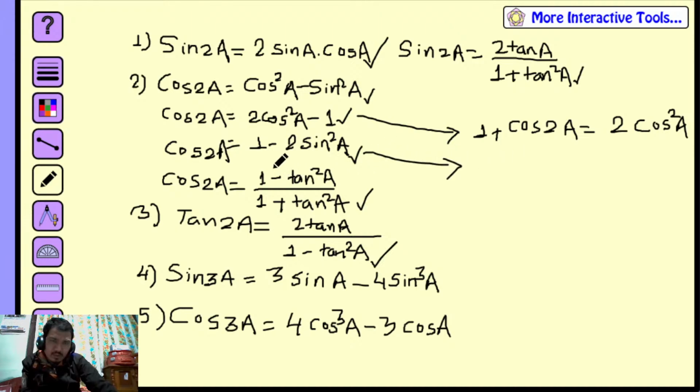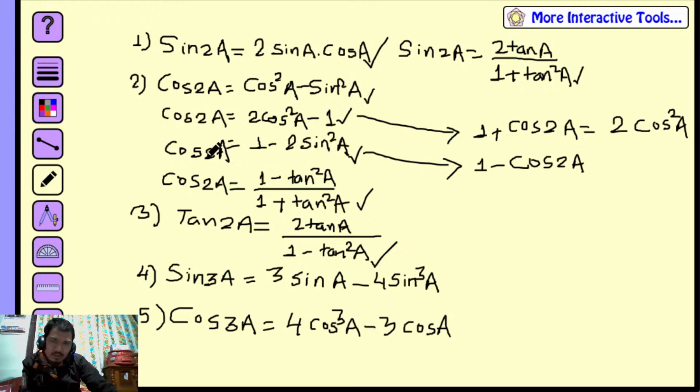Look at children, when minus 2 sine square goes to the other side and cos 2a comes to the right side, we get 1 minus cos 2a.